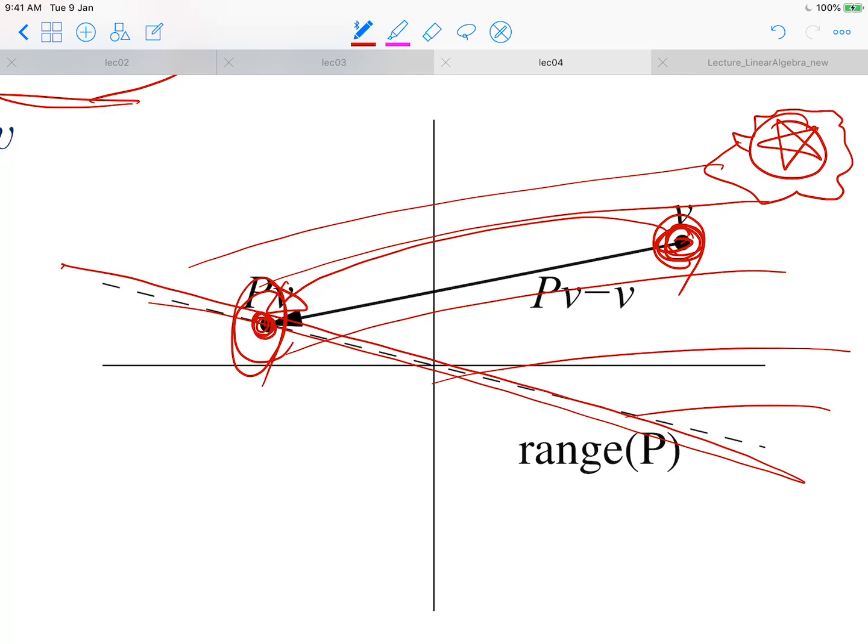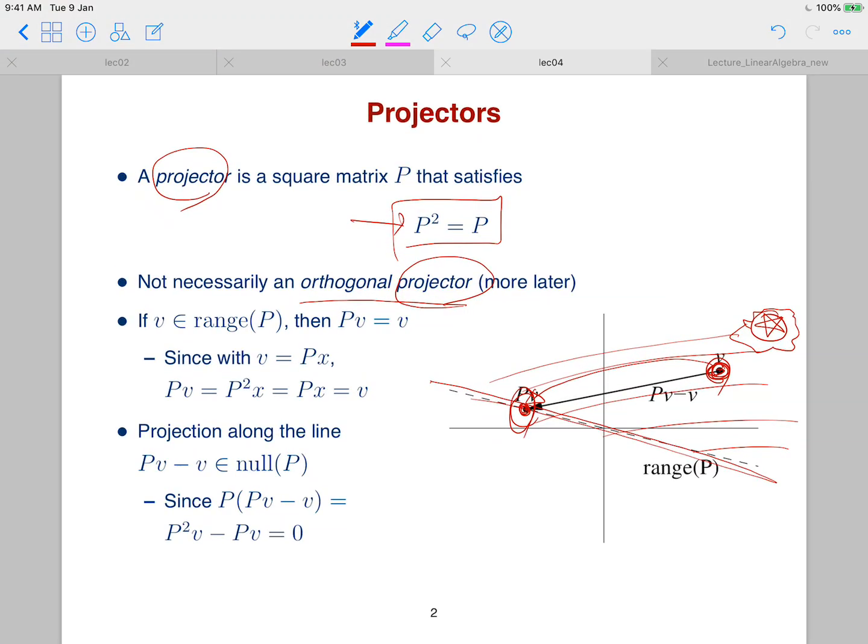But still, this projection direction is still the same. And that direction can be a line, but it can also be a plane as well. But we can discuss it more in detail as we go through some more examples.